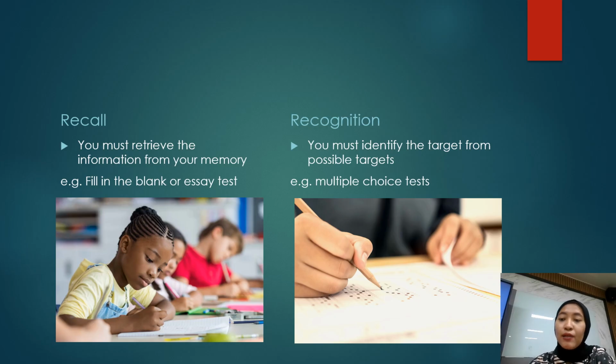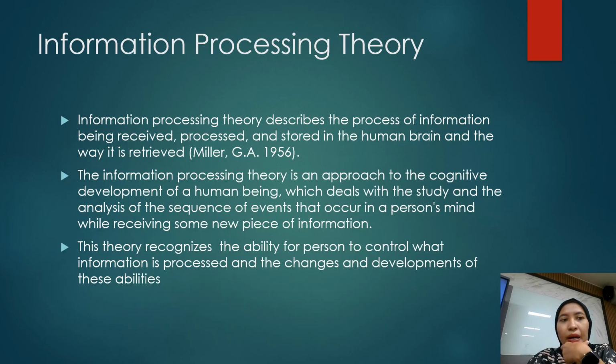So that's the information that we need in that case, right? So that's recognition. Okay. So that's the difference between recall and recognition, which will be used later when we talk about information processing theory.